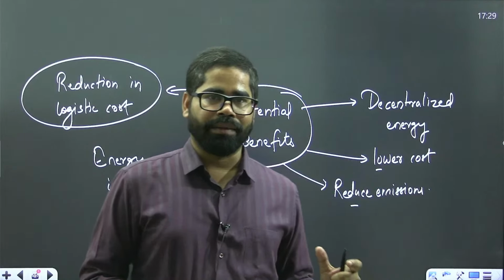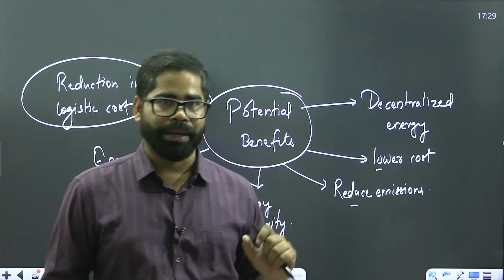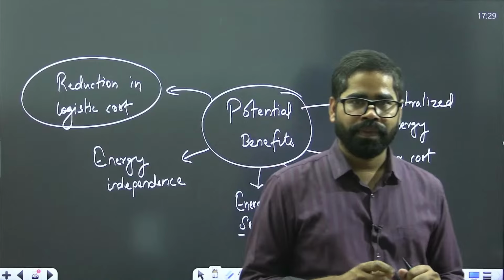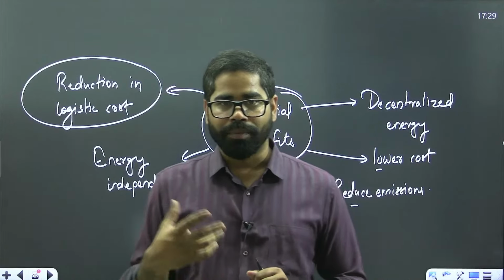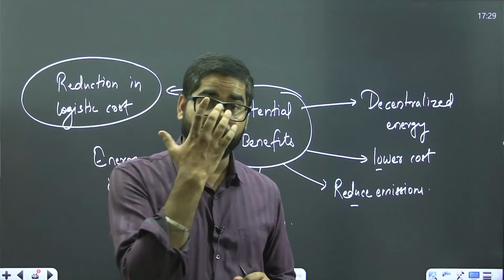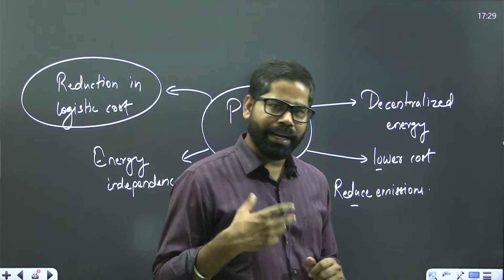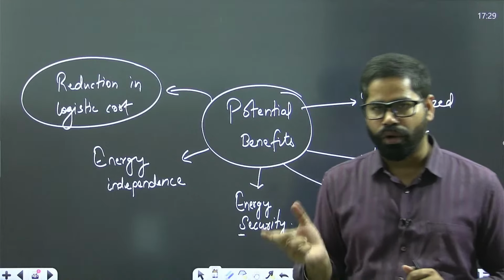At the same time, subsidy is being provided only for domestic procurement, means only for domestic panels. And domestic panels are costlier as compared to the other available panels in the market. Subsidy process is also delayed.